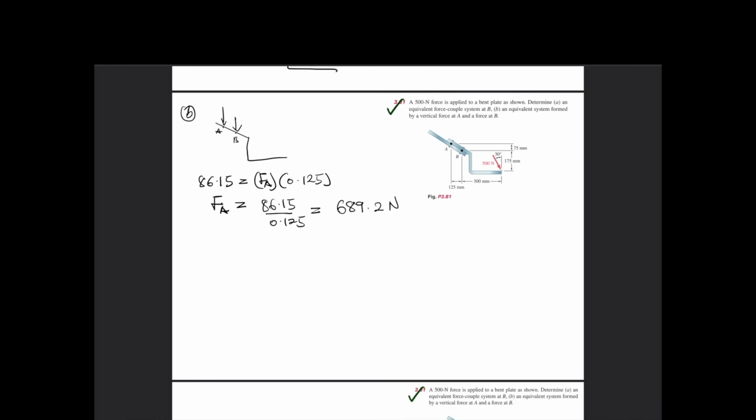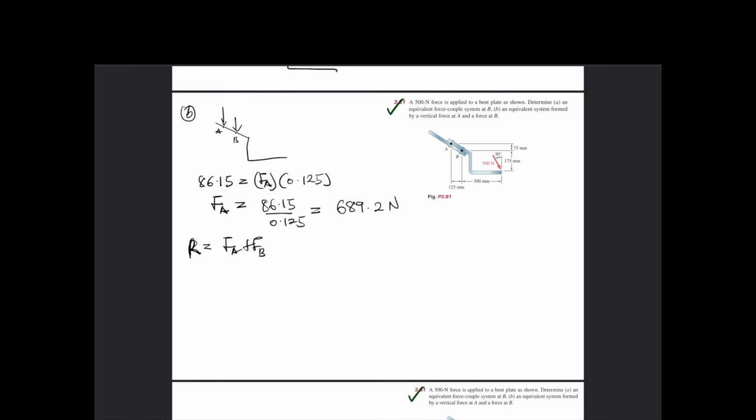We also need to know that when we want to replace a force with two forces, like in this case, the resultant of these two forces must give us the initial force. So you can say the resultant of FA plus FB should be equal to our R, and the resultant here is the initial force that we have, that is the 500 in vector form.